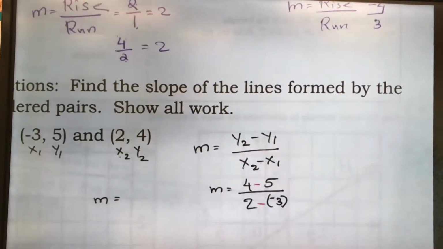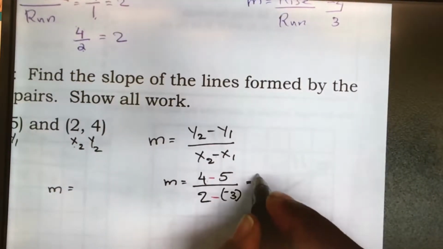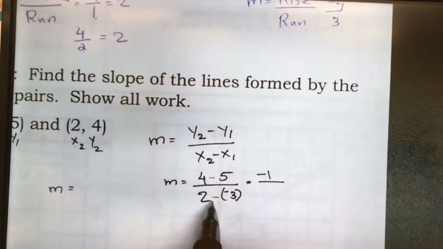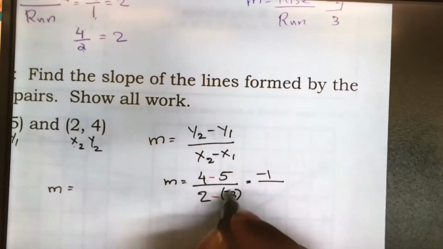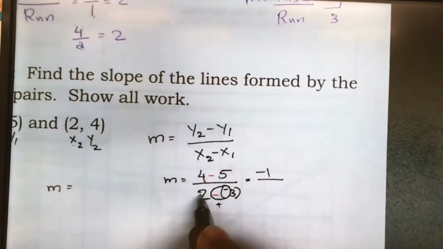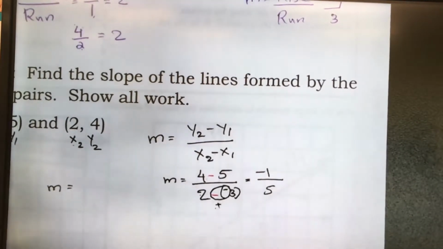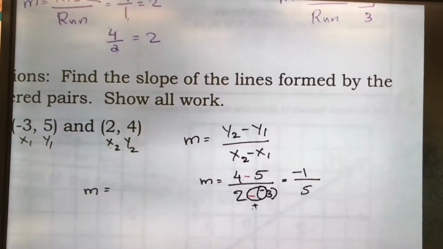So I can do 4 minus 5 is -1 over. Since 2 negatives are coming together, that makes a positive, so 2 plus 3 is 5. So the slope of the line passing through those 2 points is -1 over 5.